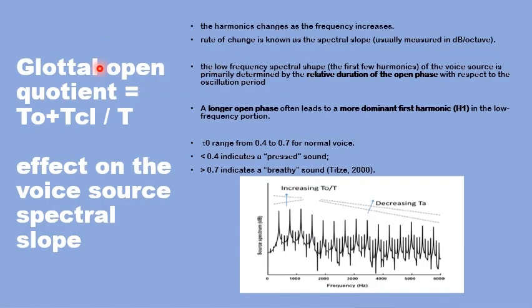This glottal open quotient, the sum of the opening and the closing phase of the glottis open phase to the duration of the whole oscillatory cycle, determines some of the voice quality. Changes in the spectral slope are determined by this ratio.